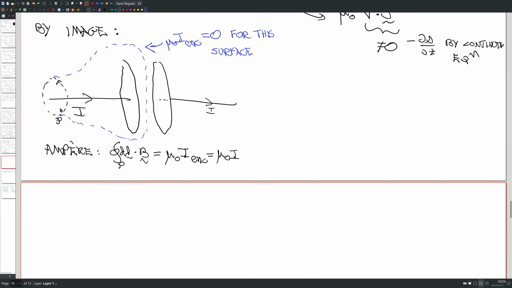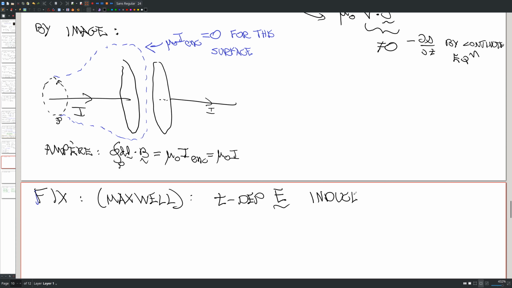So this is due to Maxwell: a time-dependent E induces a magnetic field. Quite symmetrical, in fact, with what Faraday taught us.